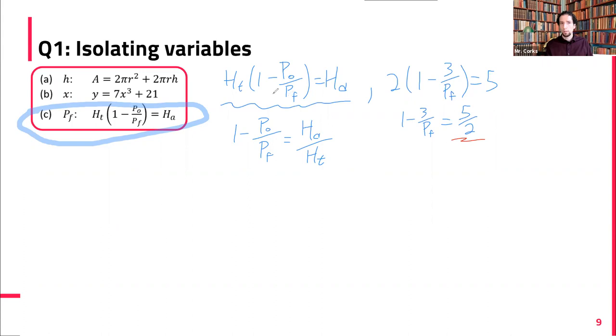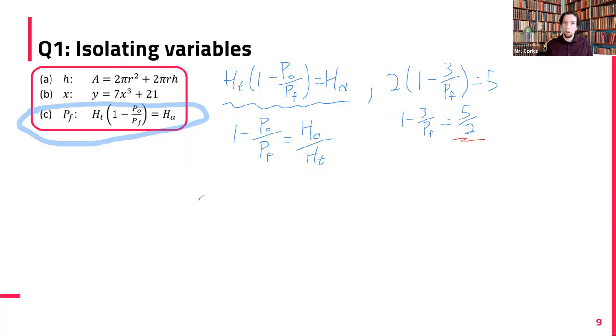We're not trying to consider what the goal is. If we're trying to isolate PF, then multiplying HT by both of these things isn't really necessary. It would still work and we could still get a solution, but I think the solution would end up looking a little more complicated than necessary.